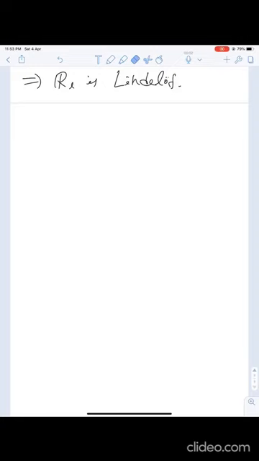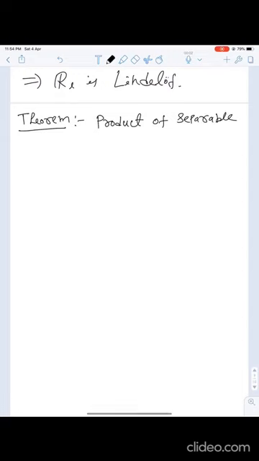Now we proved that the product of separable spaces is also separable, but the product of Lindelof spaces may not be Lindelof. So first of all, one theorem: the product of separable spaces is also separable. Now the proof is very simple.